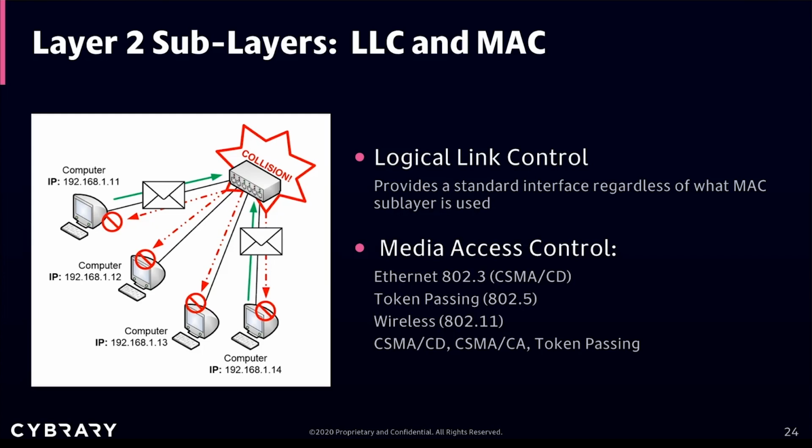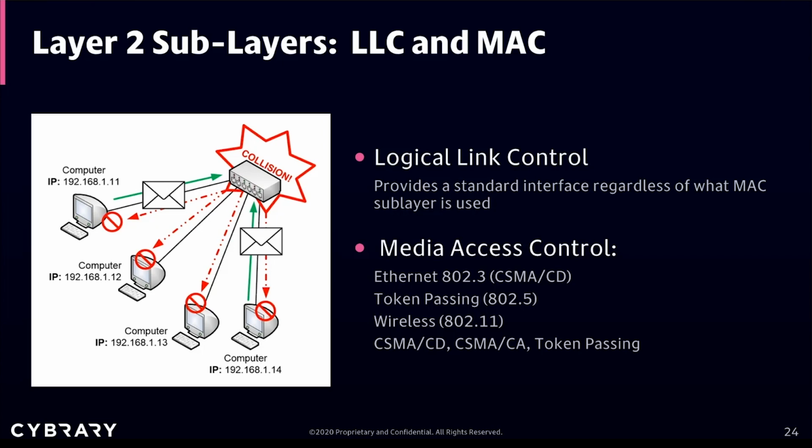There was only one token, and you couldn't transmit without it, so we actually had no collisions in a token passing environment. That was one of its benefits. But Token Ring, which was the technology that used token passing, was proprietary. It was from IBM. It was expensive, it was difficult to work with, and we were bound to IBM as a vendor, so Ethernet really kind of won out there.